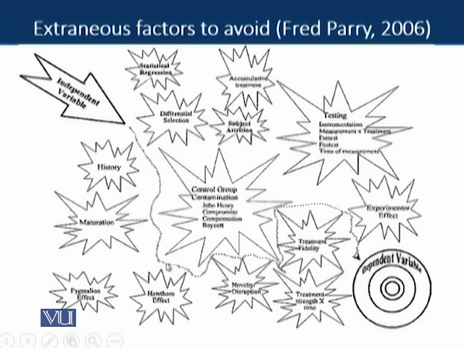It is to be very carefully planned, because there are so many mines shown in this figure, and these mines are actually the extraneous factors. Like there is history, so history and maturation of the sample may be contaminating your data, and the Pygmalion effect, when a researcher is in love with the study and the research design.